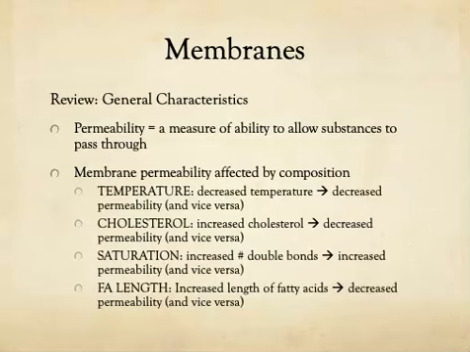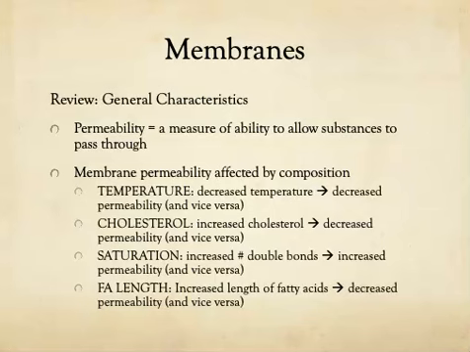The longer those tails are, the more van der Waals interactions there are. In other words, the more tightly the tail region is sort of bound together. And the more van der Waals interactions there are in the tail region, the harder it is for something to come across. The lower the permeability, in other words.